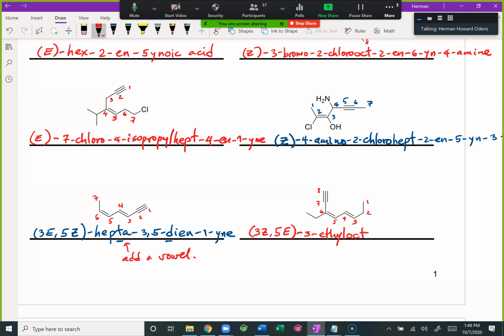The root right now is oct. But since I have 3,5 diene and then 1 yne, I need to add a vowel here to separate those two consonants. So add a vowel.